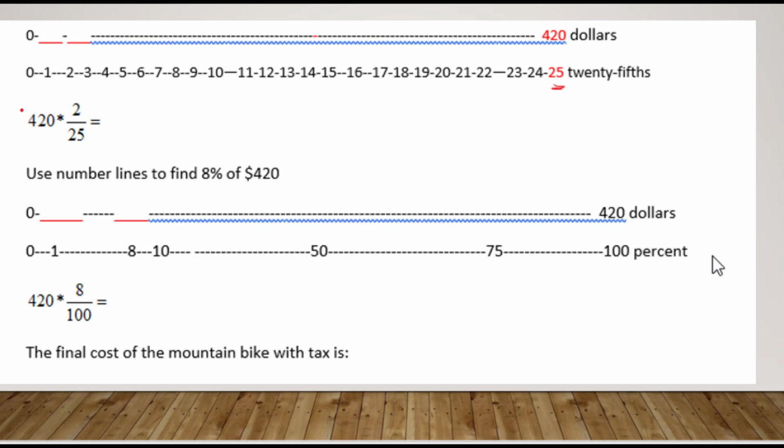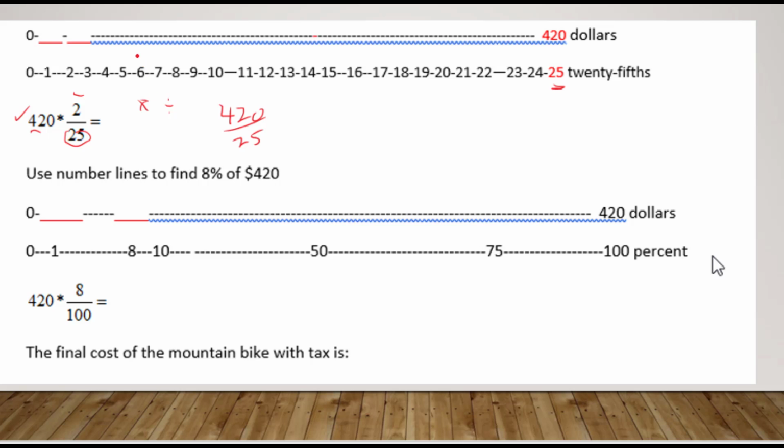And here is from chapter 3 how to do it, right? 420 times 2 over 25. So using a number line, I'm going to take 420 and divide it by 25. Because it's a combination of multiplication and division, when you multiply by a fraction, I can do either one first because multiplication and division are tied.